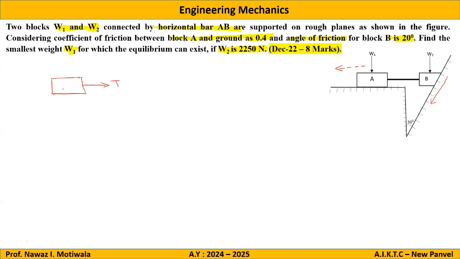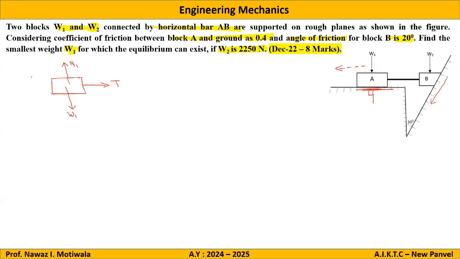In the question, it is given as a block W1, so this will be the self weight acting vertically downwards, W1. Then reaction from contact surface. As you can see in the diagram, the surface is horizontal, so the reaction will be vertical because it should be perpendicular. So in the free body diagram, this will be your reaction from contact surface N1.